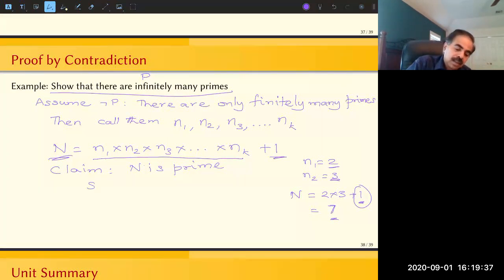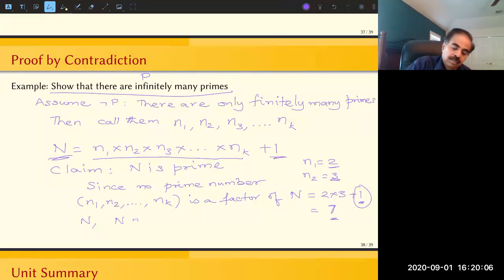So now we have a contradiction, because we thought nk was the largest prime, but we have clearly constructed an even larger number, capital N, and we have shown that the capital N is a prime.